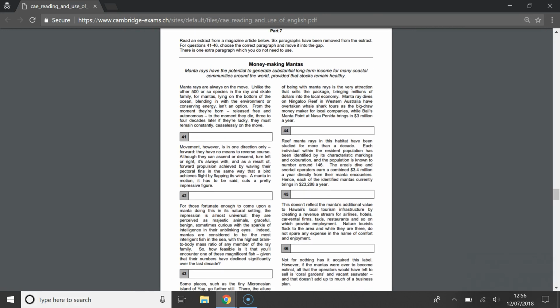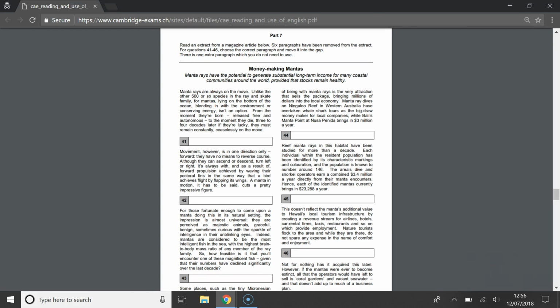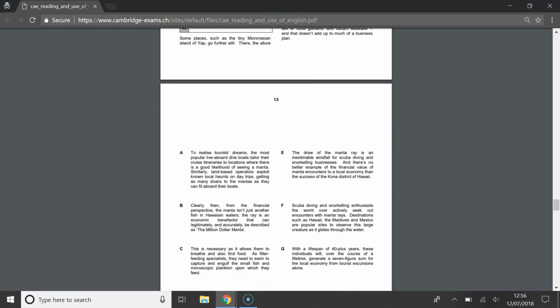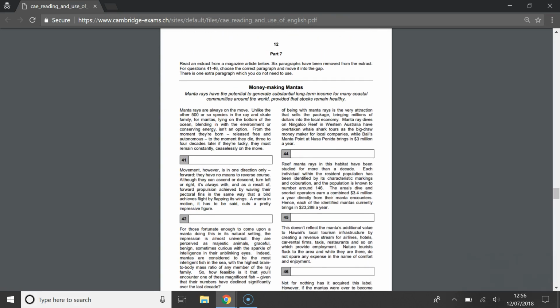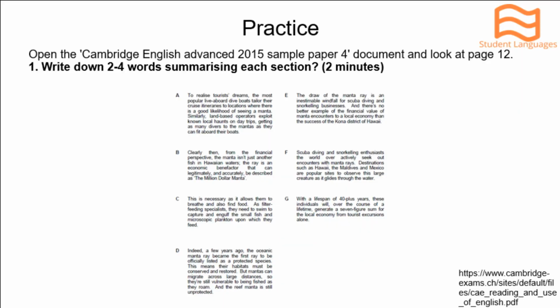The passage looks like this, with the 6 gaps in. Below there are the 7 paragraphs on page 13. So what I'd like you to do is to have a look at the 7 paragraphs.